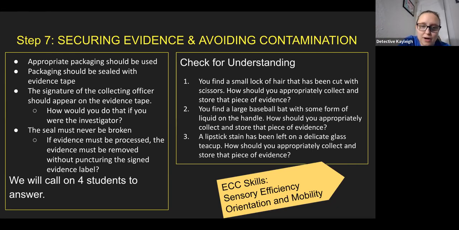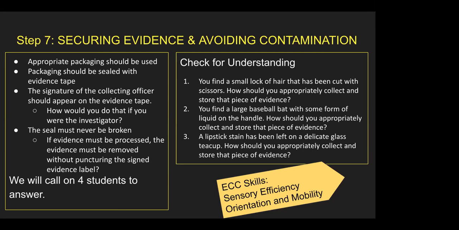We never want to break the seal once we have sealed evidence in a container. If the evidence has to be processed, like tested for fingerprints or tested for DNA, how do you all think we could do that without breaking or puncturing the signed evidence label? Because remember, that evidence label is what tells us who collected it and when. So we want to always have that record.